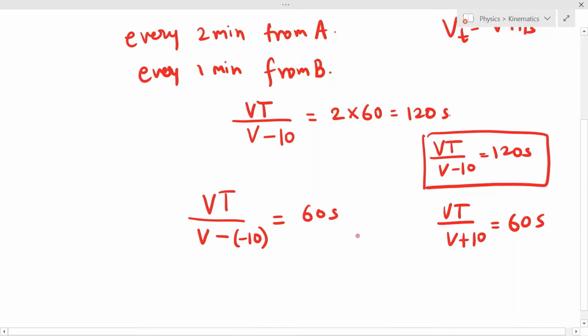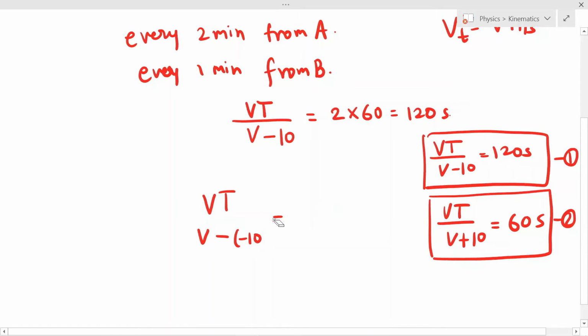Now let's solve it. Let's say this is 1 and this is 2. Let's take the ratio of these two. So this will be V plus 10 divided by V minus 10, which is equal to 2. So 60 by 120 is 2.